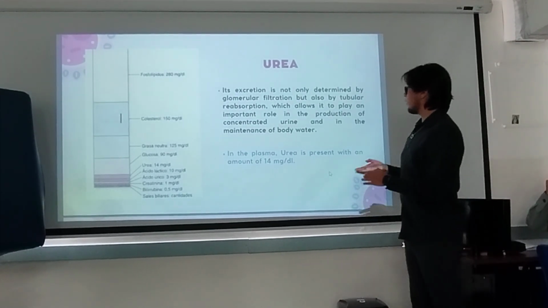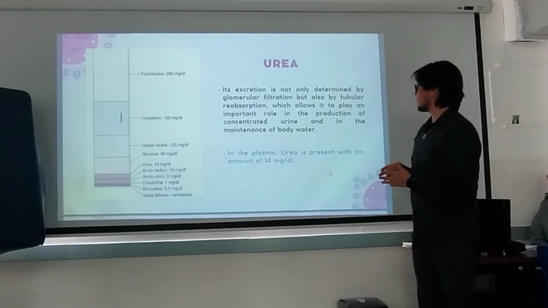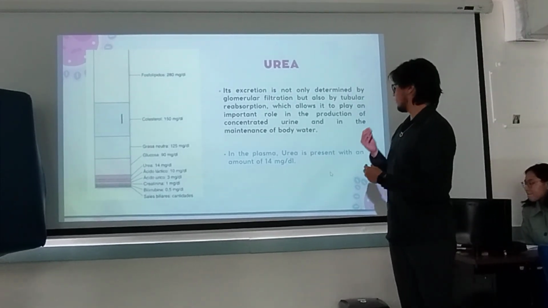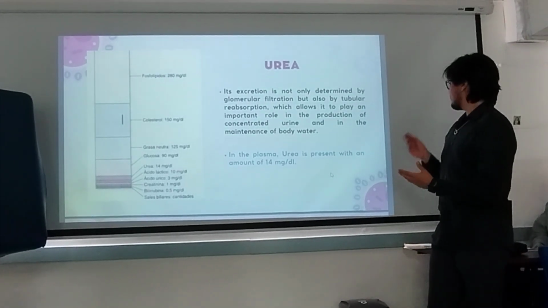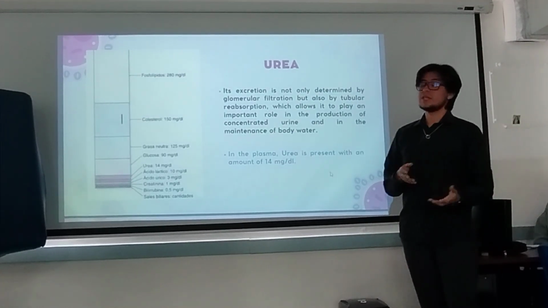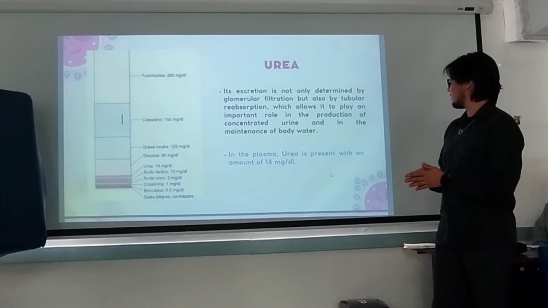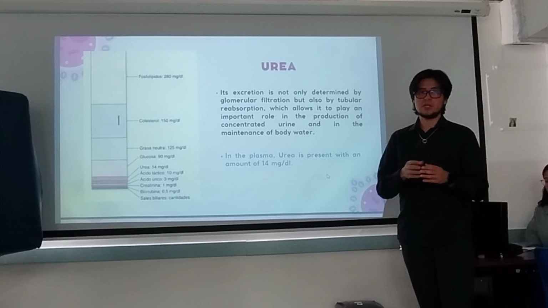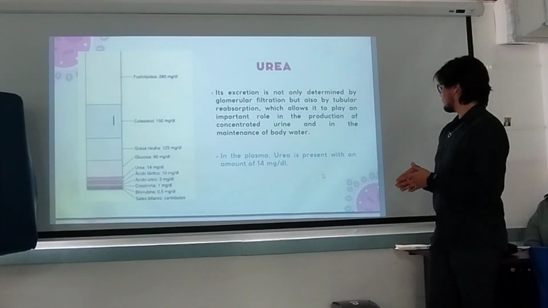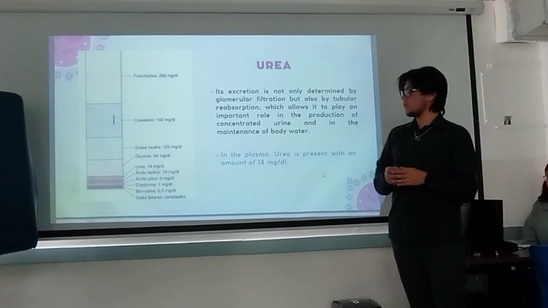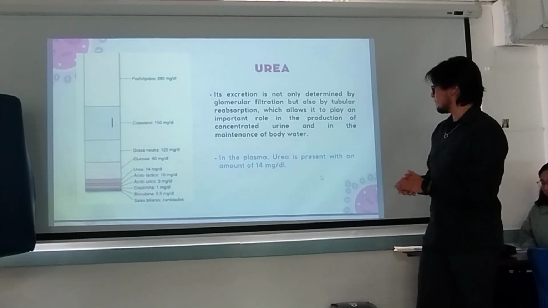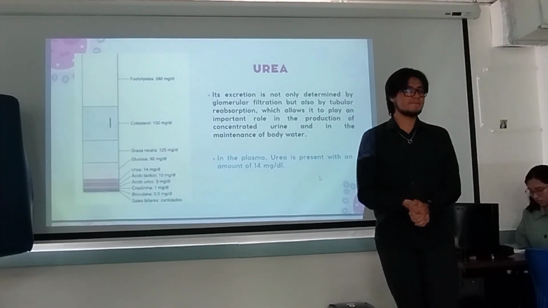And finally, urea excretion is not only determined by glomerular filtration, but also by tubular reabsorption, which allows it to play an important role in the production of concentrated urine and maintenance of body water.